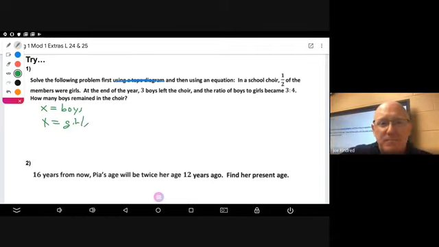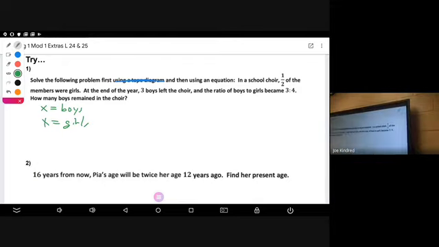It doesn't matter. Now, the next part of the sentence, at the end of the year, this is where you begin to watch. 3 boys left the choir, and then the ratio of the boys to girls became 3 to 4. So X, meaning this X right here, the boys, 3 boys left at the end of the year.